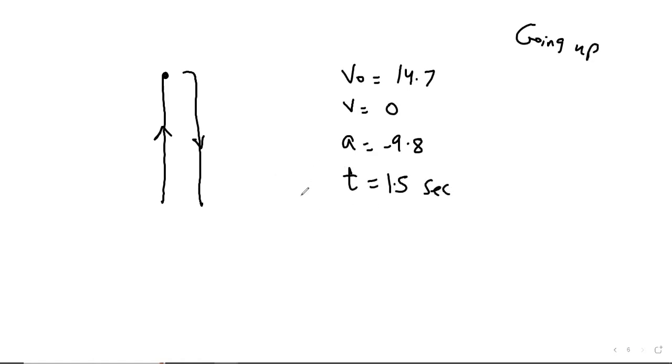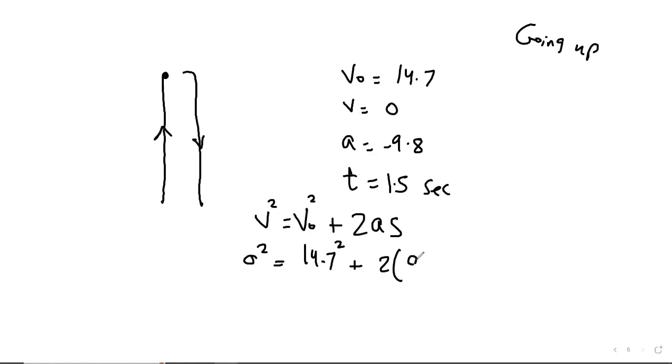Okay, so V squared equals V initial squared plus 2AS. So 0 squared equals 14.7 squared plus 2 times the acceleration, negative 9.8, multiplied by S, the displacement. So from that we can get the maximum height S is 11.025 meters.